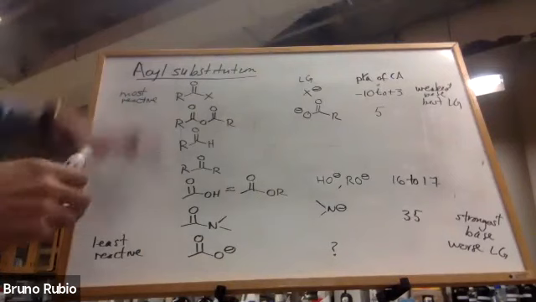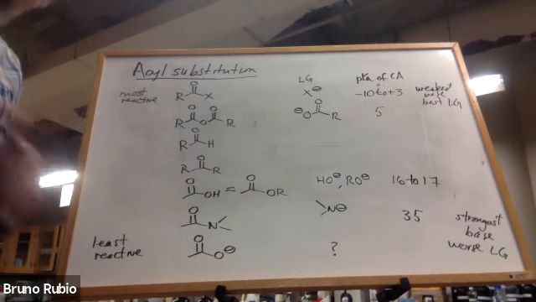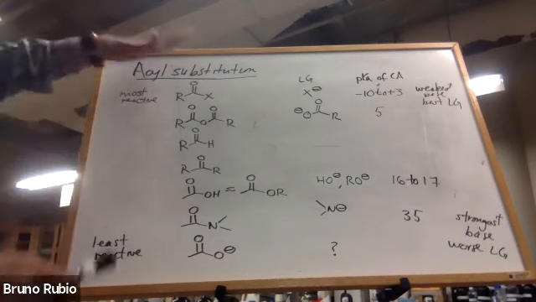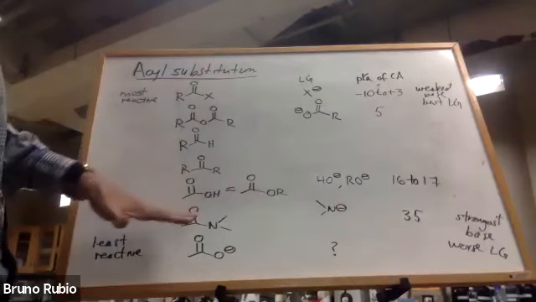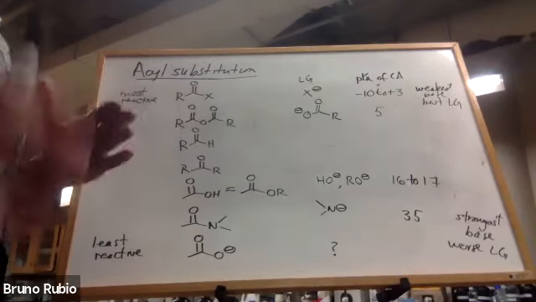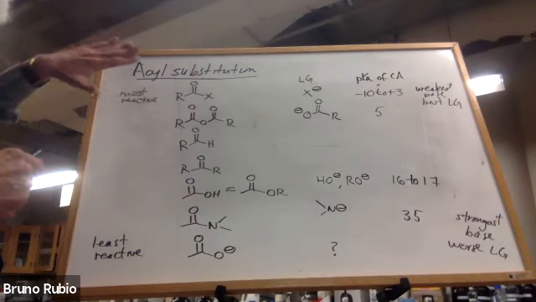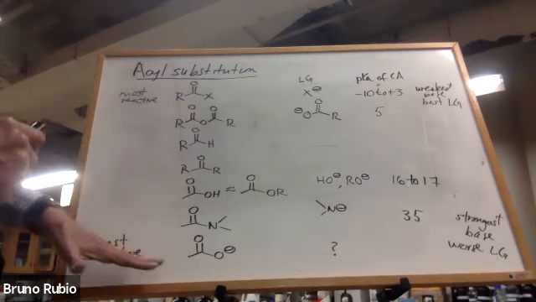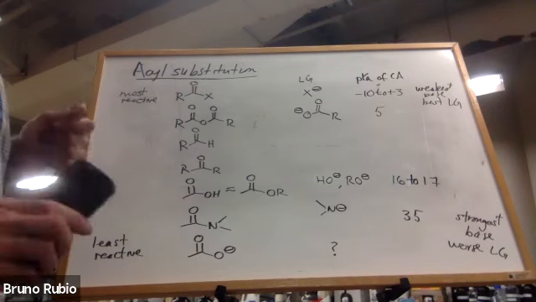So this reactivity order can be explained by examining the quality of the leaving group. I would probably just memorize this because it's important to know this order of reactivity so that you don't make a mistake when you're doing a product prediction problem. Okay, so there's a definite order of reactivity among the acyl derivatives.